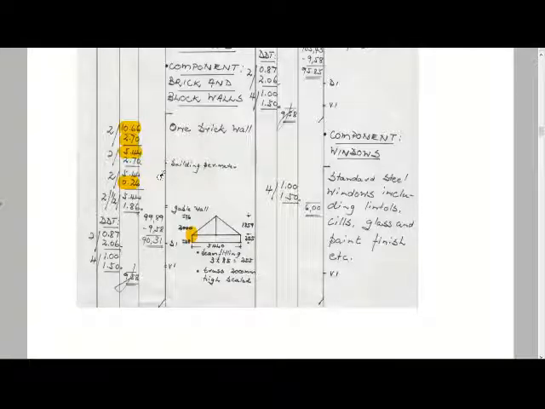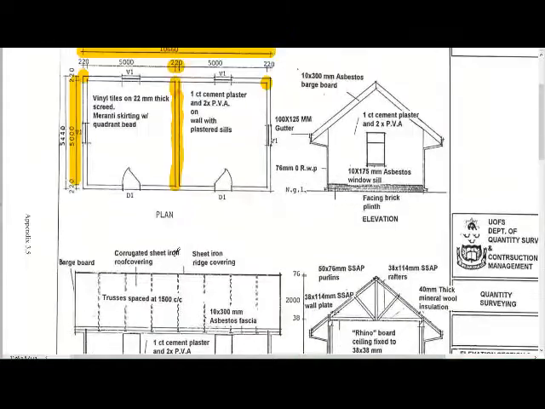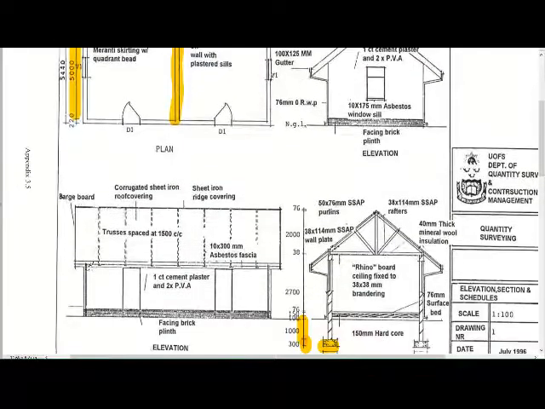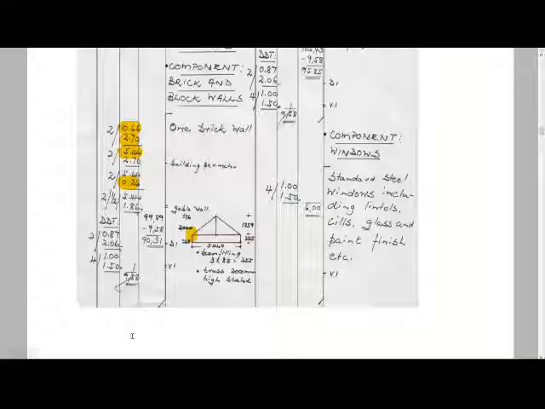So then that is the 0.26, and you will see on your drawing you only have two sides which have brick filling, which is this side over here. That is how they did that.